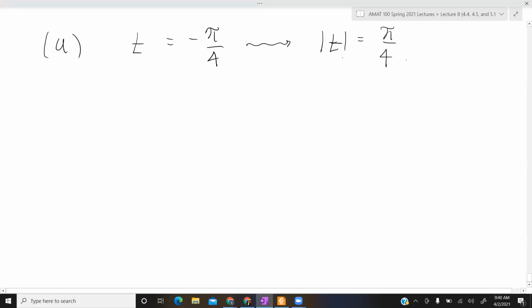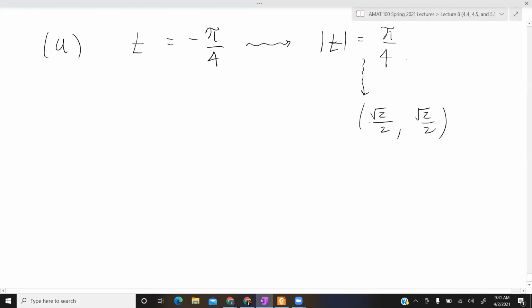If you look at the absolute value of the number, that corresponds to the point root 2 over 2, root 2 over 2. But the point that we're interested in is going to be some variation of this point.